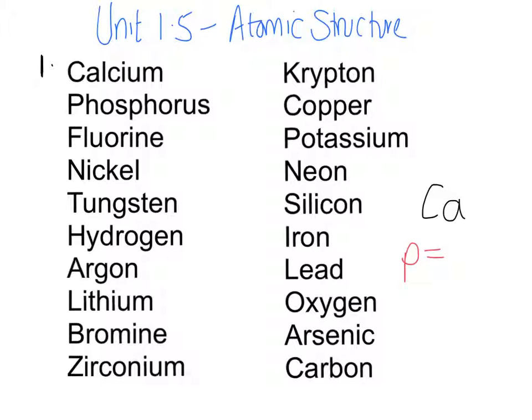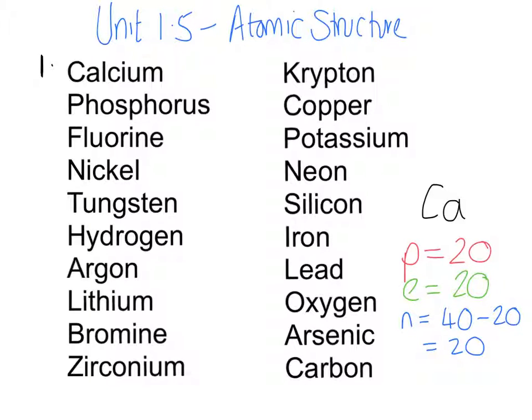The atomic number is 20, so the number of protons is 20. The number of electrons is equal to the number of protons, so that's also equal to 20. And then our number of neutrons is going to equal our mass number, which is 40, take away our atomic number, which is 20, which equals 20.